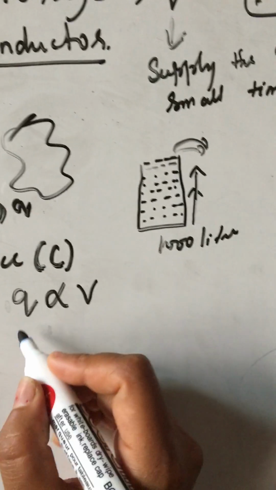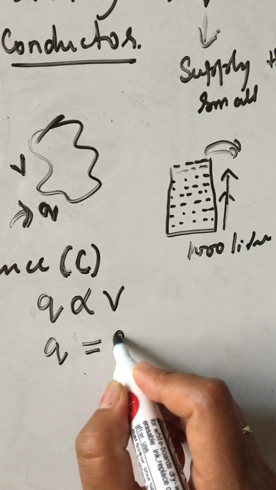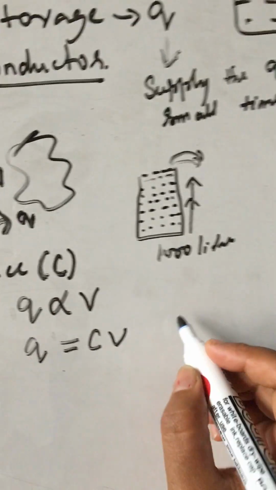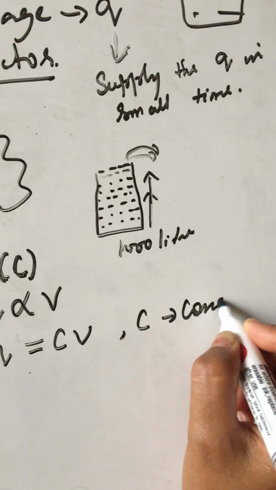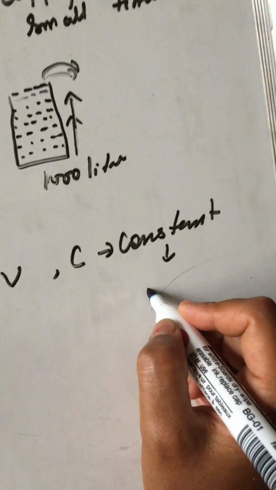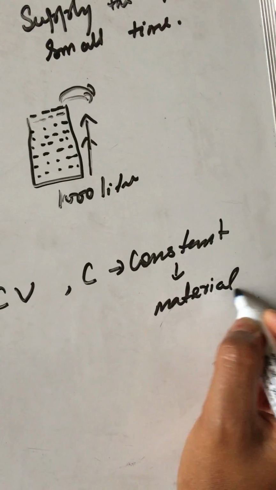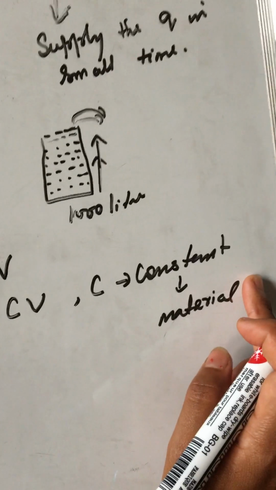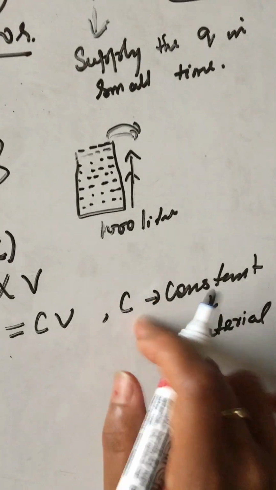Now in terms of mathematics, when this proportionality is changed to equal to, we write Q = CV. This C is a constant, and this constant depends upon the material, meaning the conductor. This constant is the capacitance of the conductor.